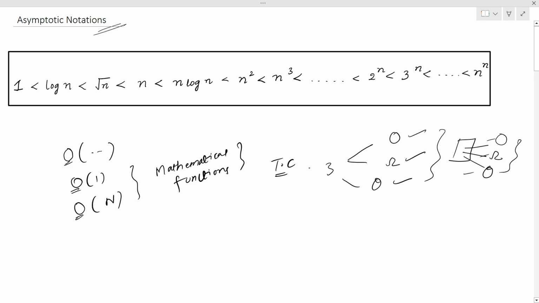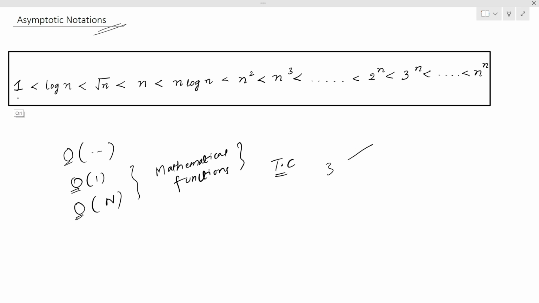Before discussing these complexities, let me tell you this thing. I have written a function, like I've written different complexities.